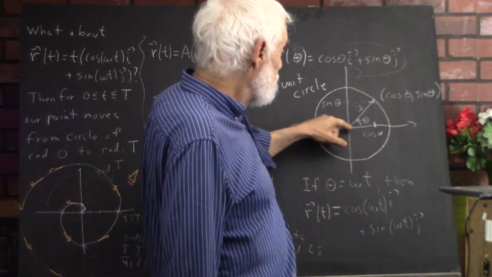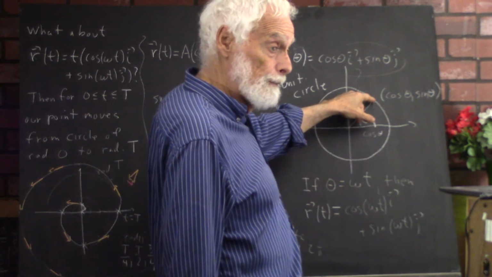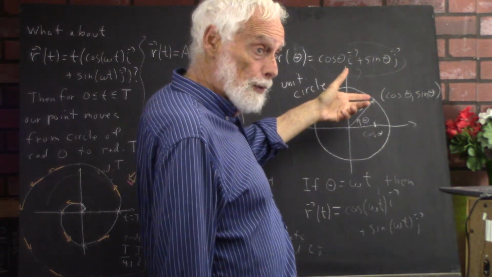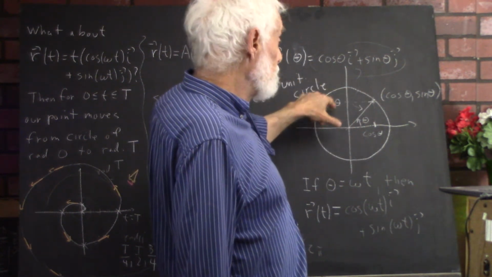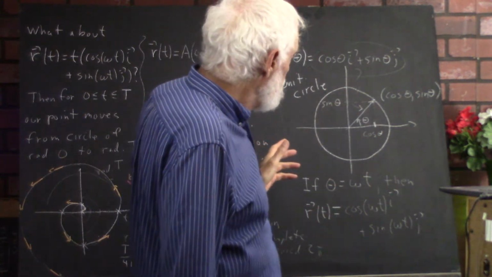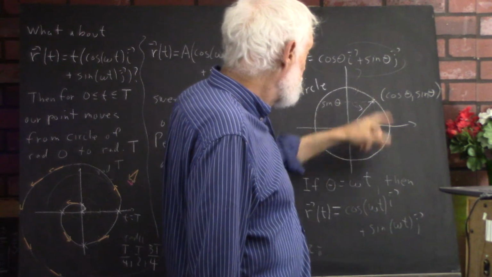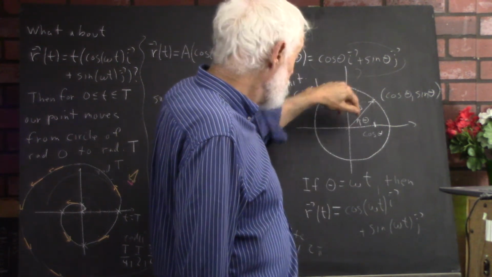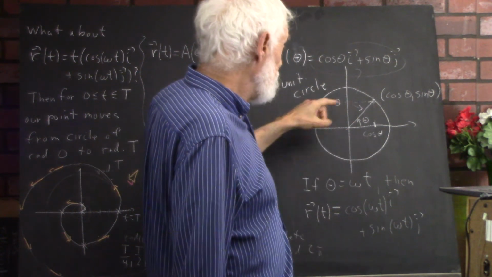A right triangle with legs equal to the cosine and the sine, so that the magnitude of this vector is guaranteed to be 1, since cosine squared theta plus sine squared theta equals 1. So the coordinates of the point when the unit vector is at angle theta are cosine theta and sine theta.